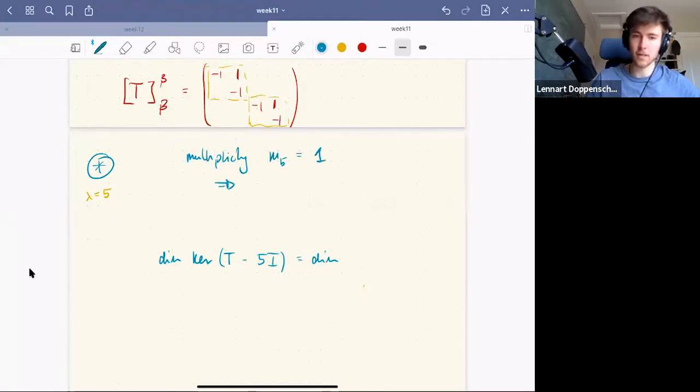And this makes it very easy, because then the eigenspace E5 is equal to the generalized eigenspace K5.